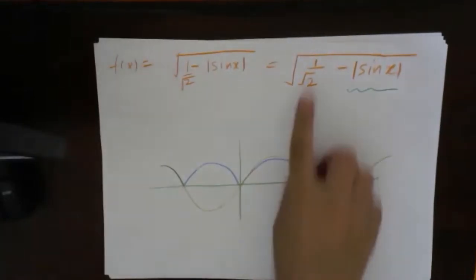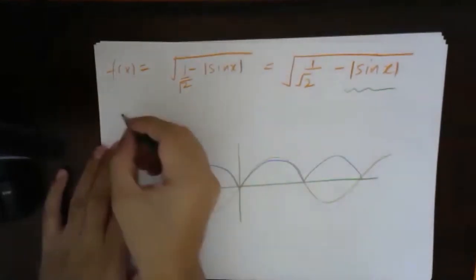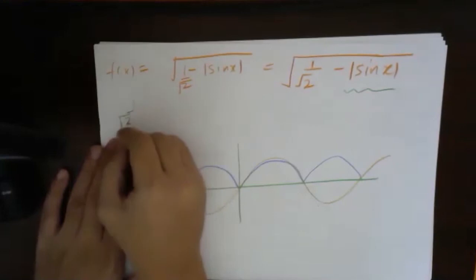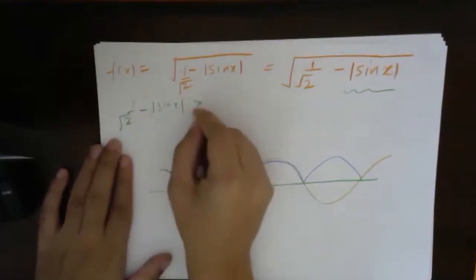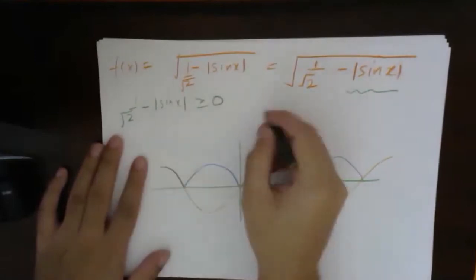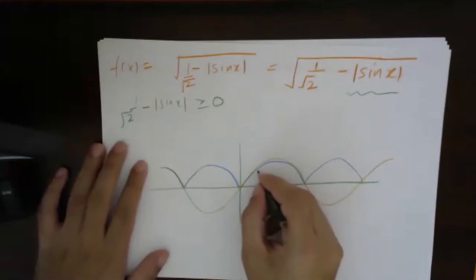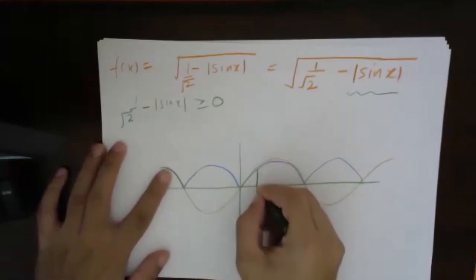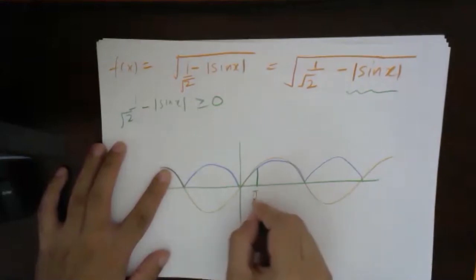And what they are saying is that 1 by root 2 minus mod of sin x should be greater than or equal to 0. So that means mod of sin x should be less than or equal to 1 by root 2, right? So first 1 by root 2 is coming here. That means this is pi by 4, right?